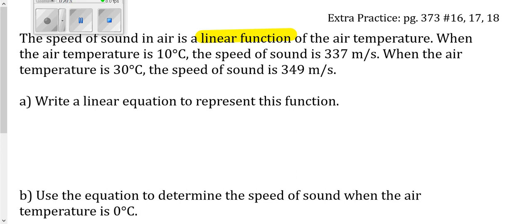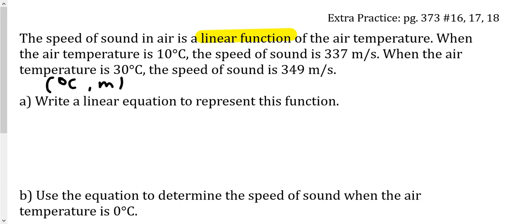So what they're telling us here is actually just a couple of coordinates, a couple of points. If I say that my x values are degrees Celsius, my y values are my speed, then I have a relation. X is related to y.